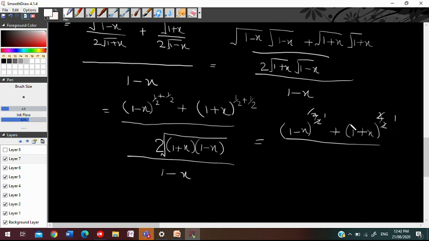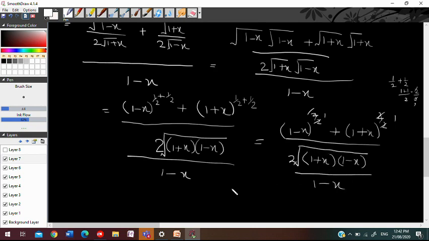We take the LCM, 1 by 2 plus 1 by 2, so we get 2 by 2, 1. So here we have 1, 1, and then 2 into 1 plus x, 1 minus x, and whole divided by 1 minus x.